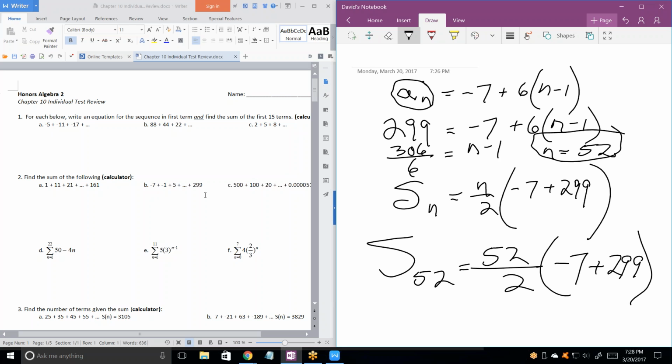Now I'm curious, I guess I could look at the key, but I don't want to bring it up here particularly. When she's doing sums, does she do it this way or does she do it S of 52? She does it that way. This way or the other way? Yeah. No, she does it. She uses a subscript. She just uses T of n equals the 52 over 2. Or S of n, huh? In other words, she uses it like function notation, for both the sequence equation and the sum.